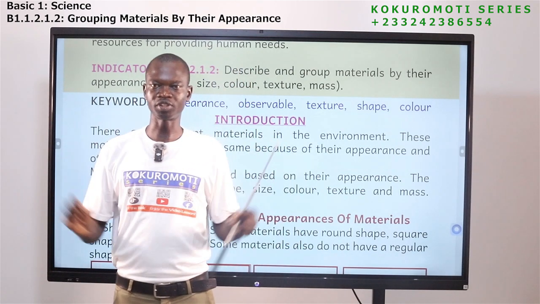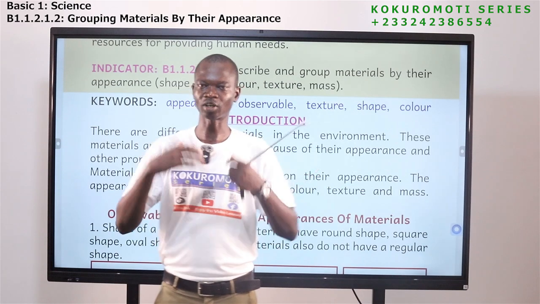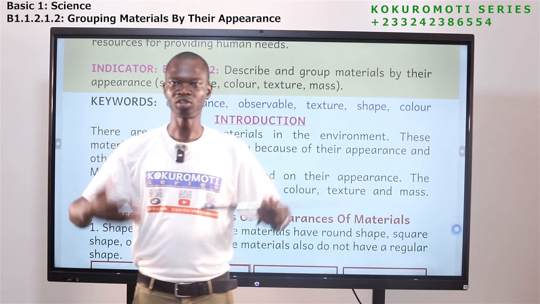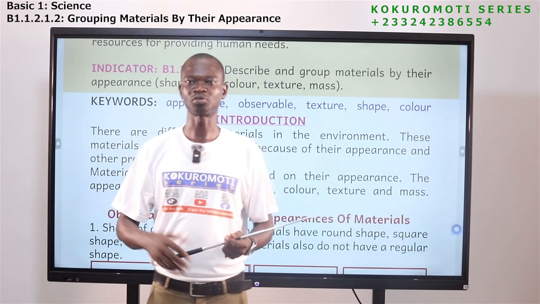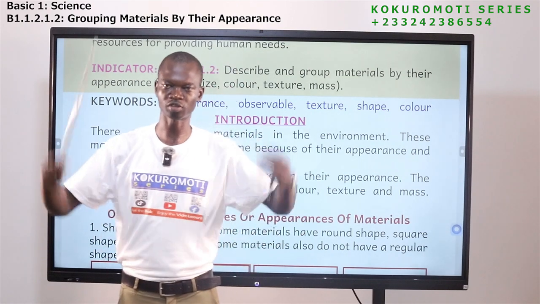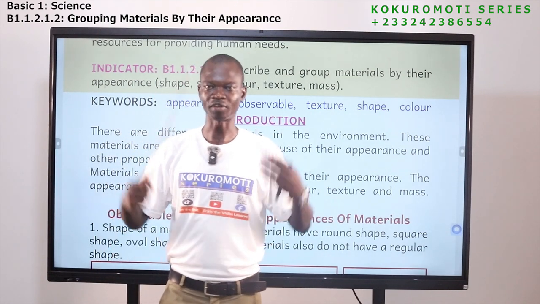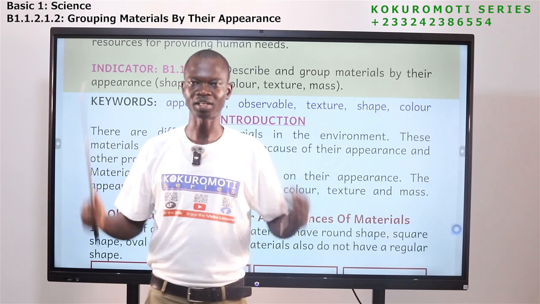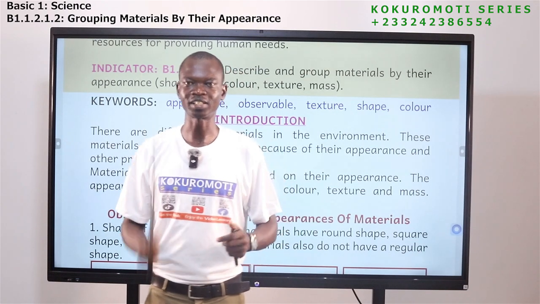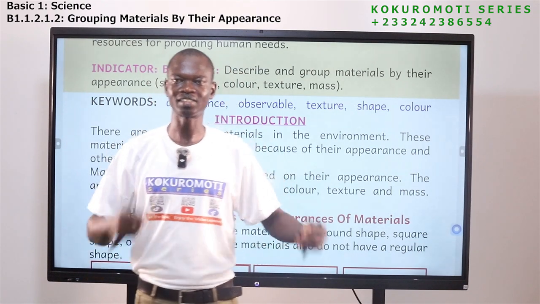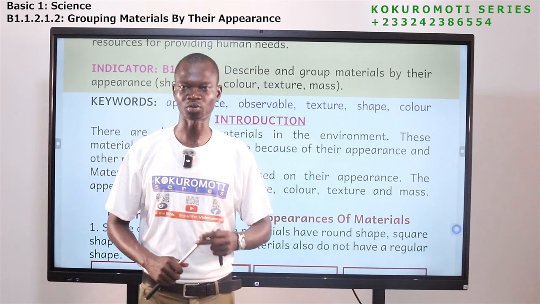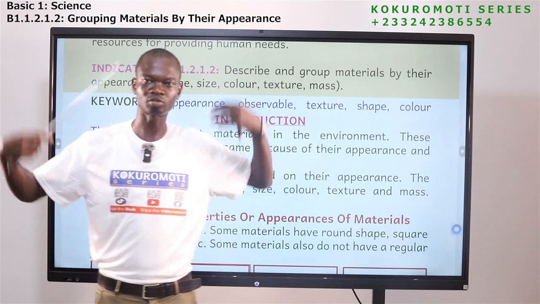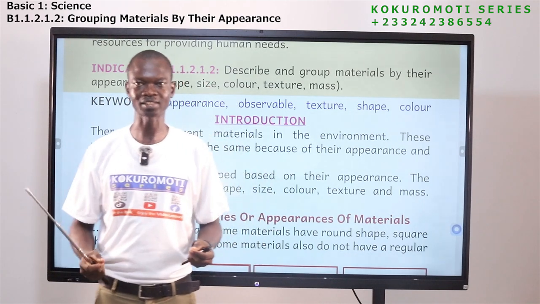It means the outward features of something, how you have dressed, how you look. Sometimes you go to a place and people welcome you because of the way you have dressed. They say, oh, the appearance was okay. If the things you have put on are not nice, they say, oh, your appearance is not good at all. So appearance is about the outward features that we can see with our eyes.